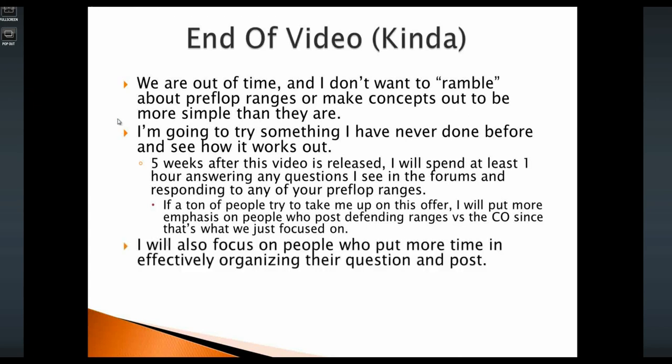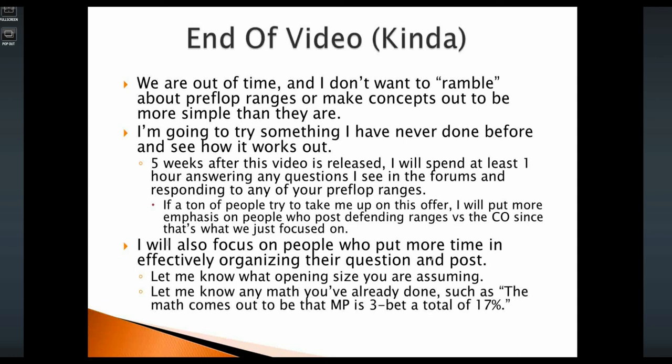And I will also focus on people who put more time into effectively organizing their question and post. So let me know what opening size you're assuming, and let me know any math you've already done, such as the math comes out to be that middle position is 3-bet a total of 17%. That will let me answer your question more quickly and go into more detail on other aspects.